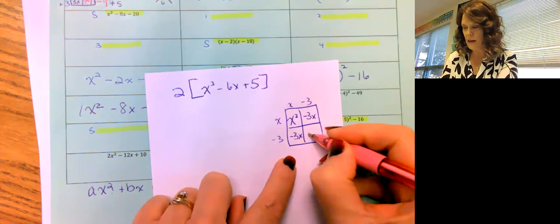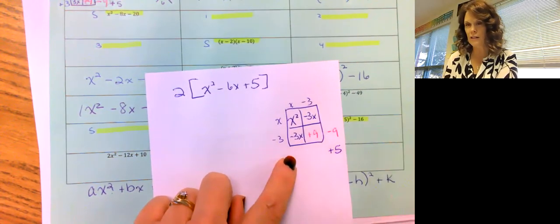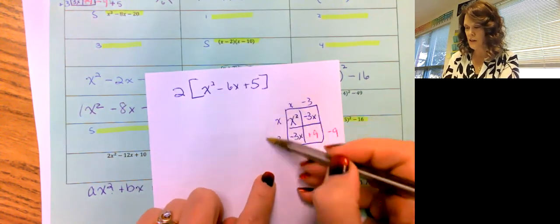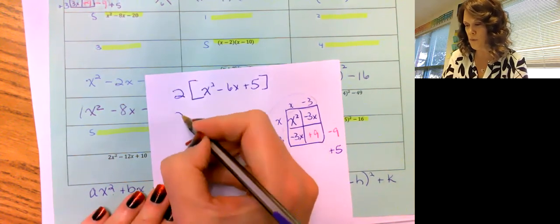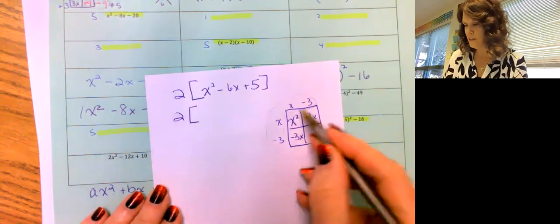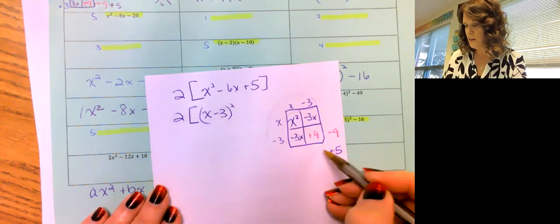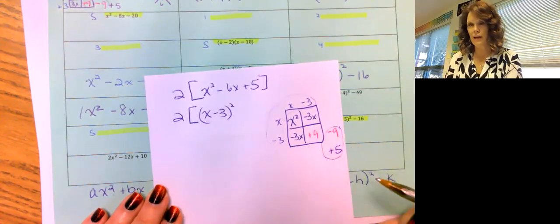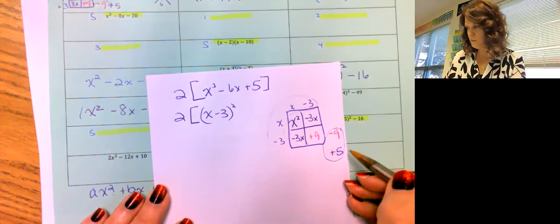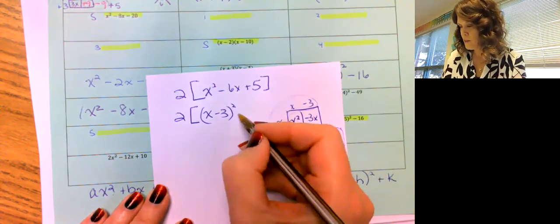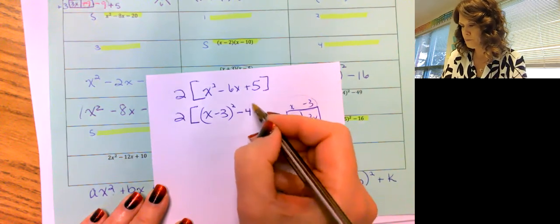I would add 9, subtract it, right? Here's how I express the square part of it, x minus 3 squared. And here's how I express that second part, the k value, negative 9 plus 5. Okay, so negative 9 plus 5 is minus 4.